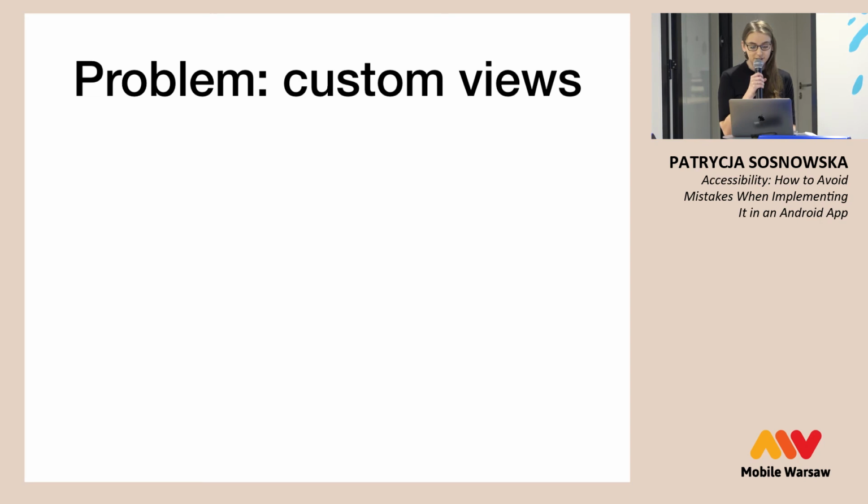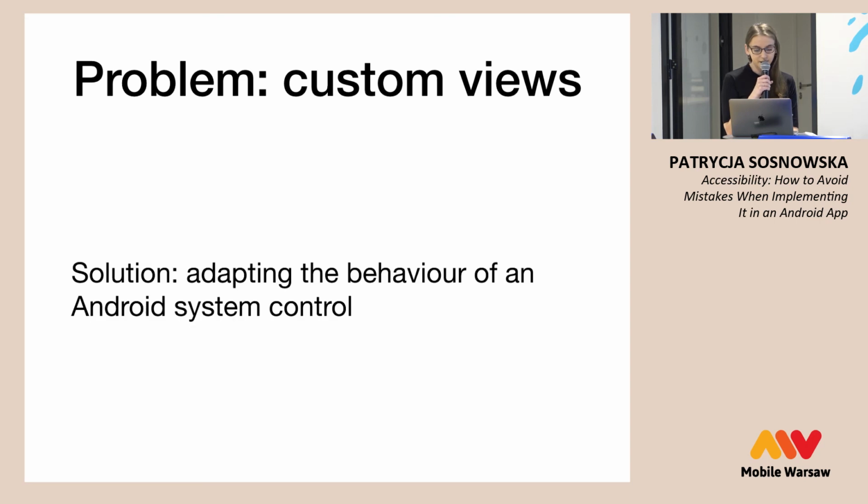And last but not least, I would like to discuss implementing accessibility for custom views. My team and I had a lot of problems with them because for the first time it seems to be a little tricky. The best solution to deal with this case is to choose a control from the Android system controls, like checkbox, SeekBar, or progress bar, that has the most similar behavior to our custom view.